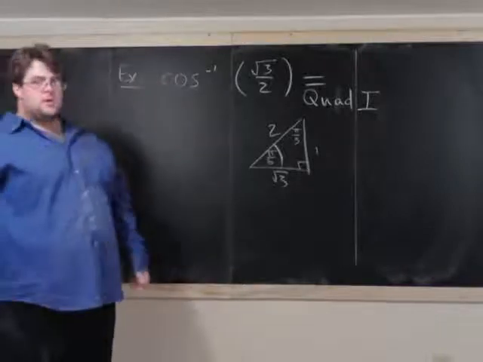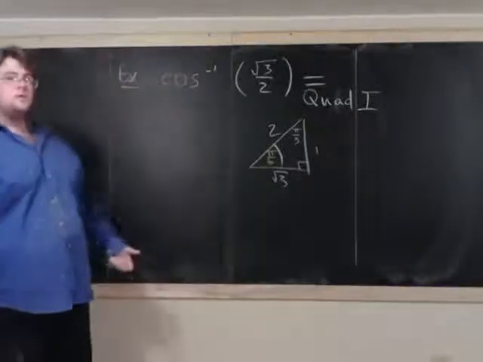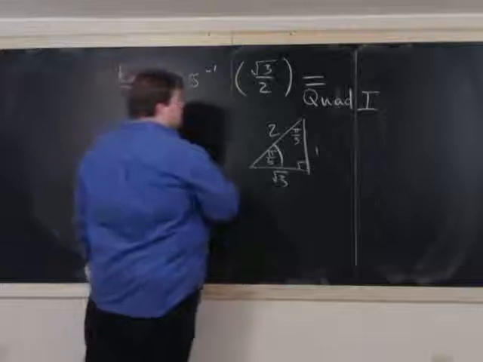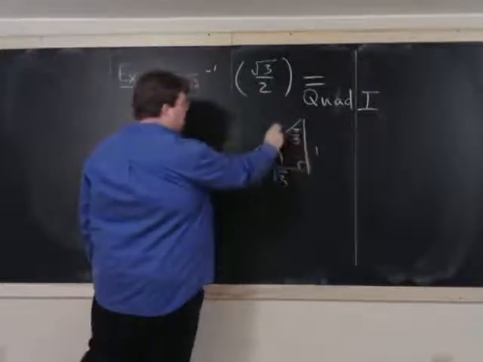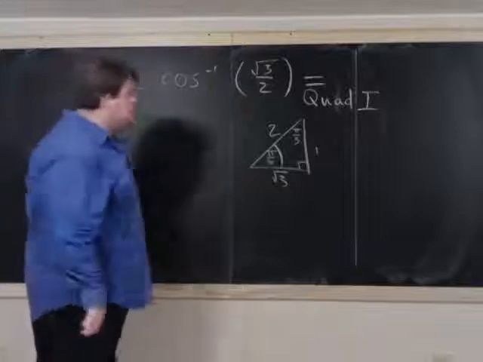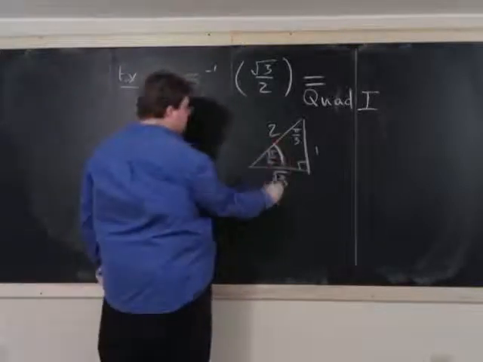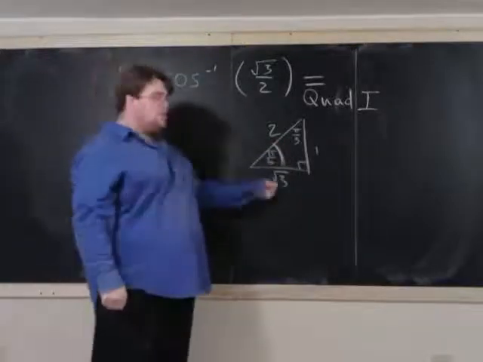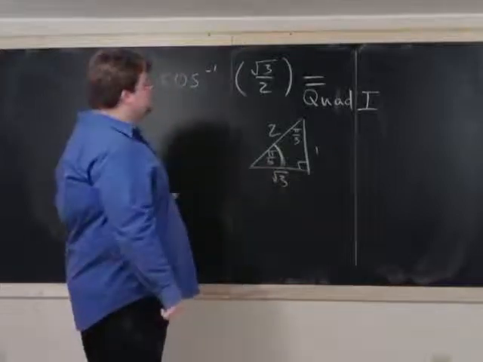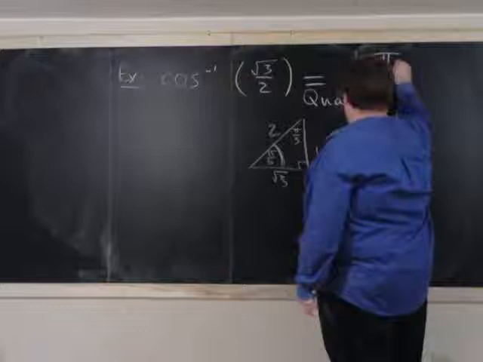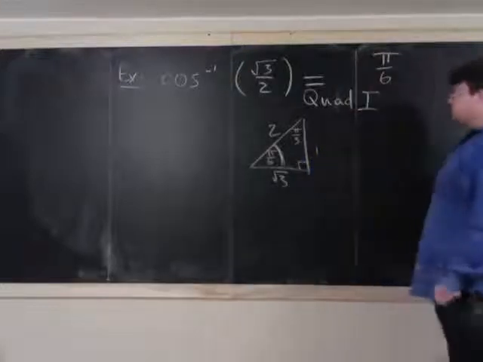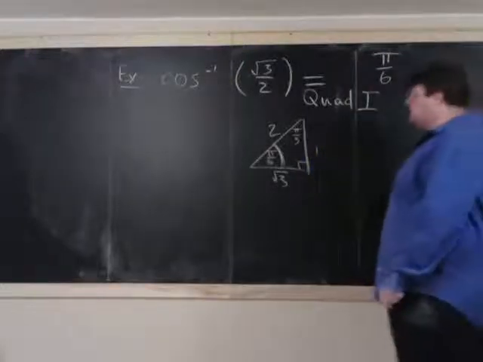Well, remember, cosine is adjacent over hypotenuse. For angle pi over 3, adjacent's 1, hypotenuse is 2. So that won't work. But for angle pi over 6, adjacent is root 3, hypotenuse is 2. So we get pi over 6, which is in quadrant 1.